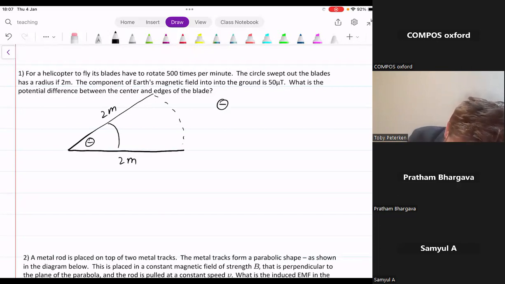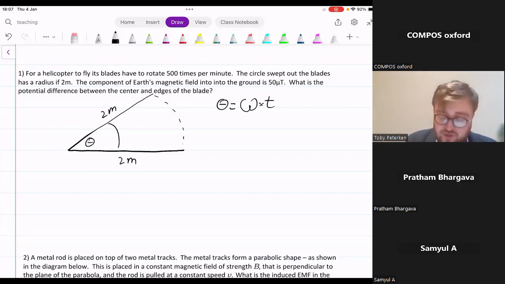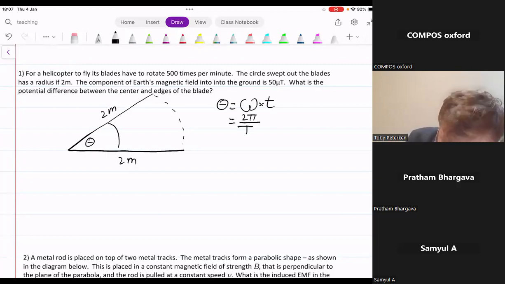So theta equals the angular frequency, omega, times the time they've been spinning for. And the angular frequency is equal to 2 pi. We'll do everything in radians, it makes everything much easier. So it's 2 pi, the total number of radians in a full circle, divided by the time period, times the amount of time the blades have been spinning for.